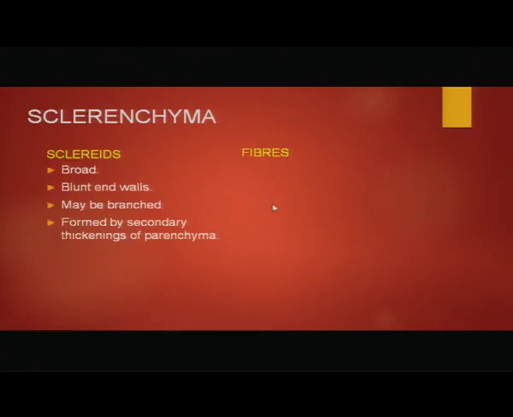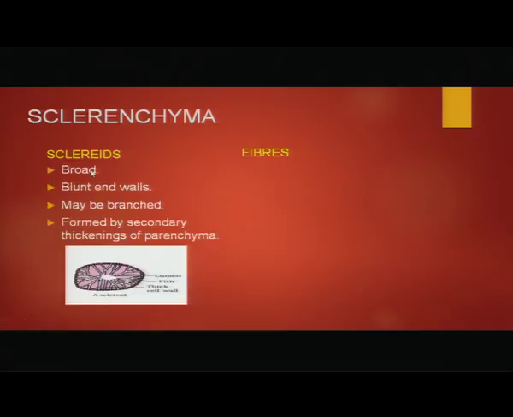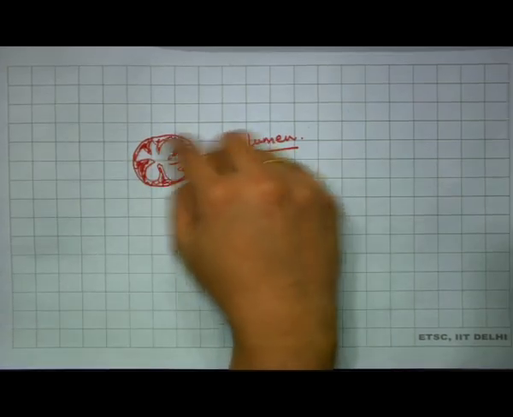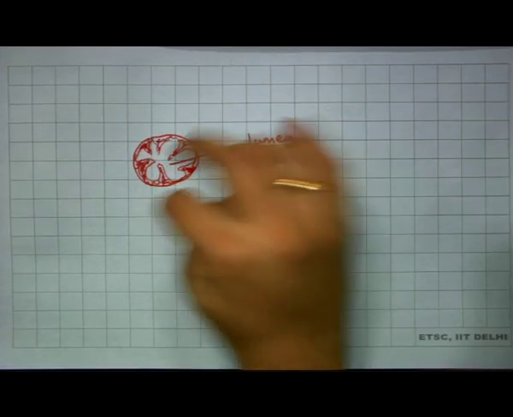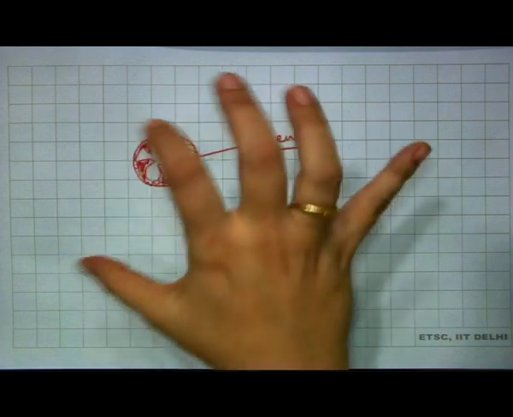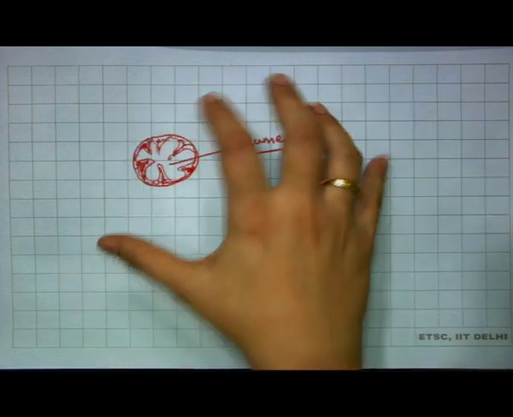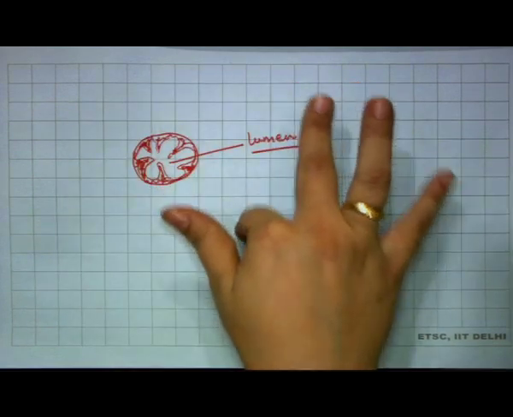To differentiate between sclereids and fibers: sclereids are broad, have blunt end walls, they may be branched, and they are formed by secondary thickenings of parenchyma. Just what I drew here, parenchymatous cells develop thickenings, and because of these thickenings the lumen becomes very narrow, and now the cell is known as a sclereid.